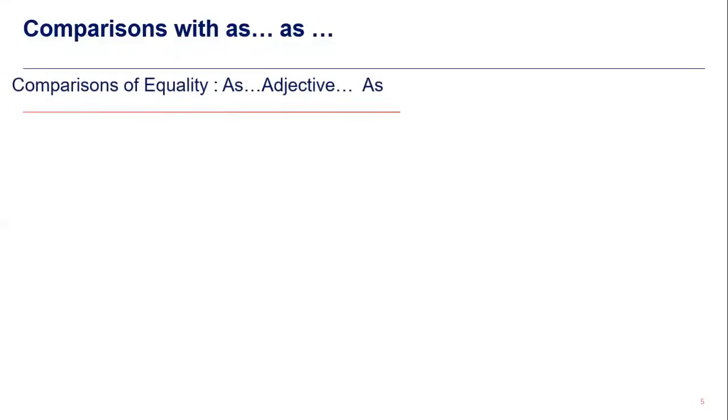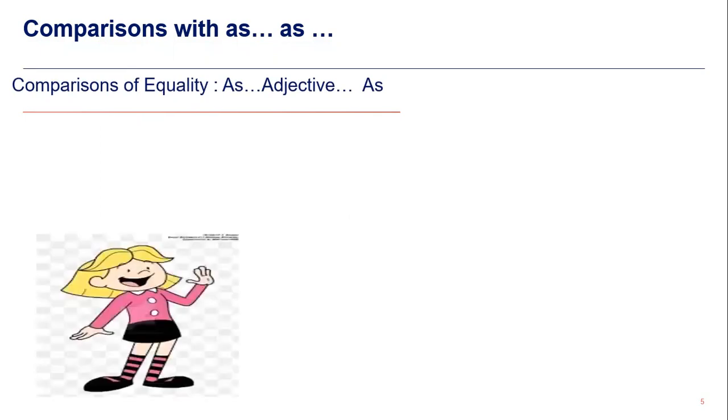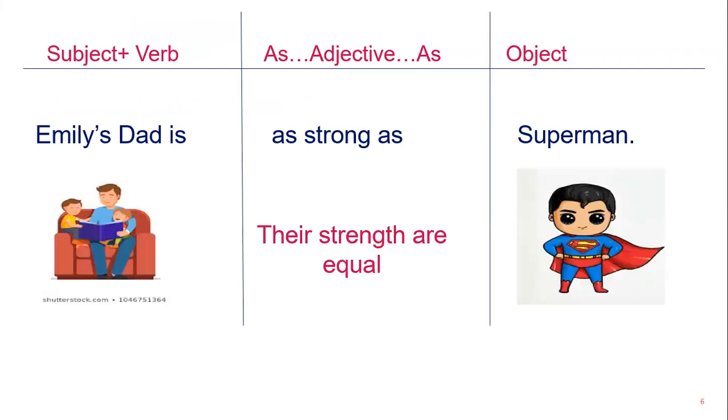Now let's practice and analyze the grammatical patterns. Oh, Emily, would you be so kind as to give us an example? My dad is as strong as Superman. Thanks, Emily. We have the subject plus the verb, then as adjective as followed by the object.